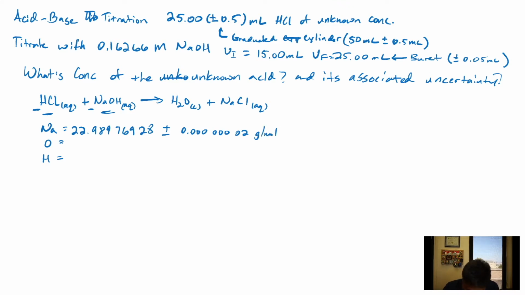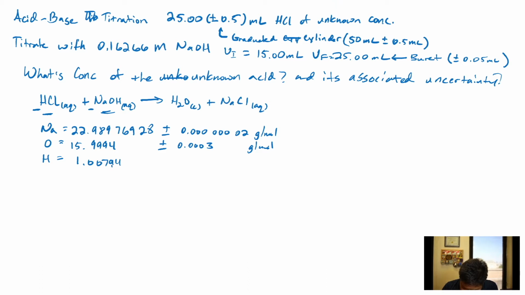Then oxygen, when you look it up in the chart or the periodic table in our textbook, is 15.9994, and its uncertainty from our textbook's periodic table or the chart that I provided you is 0.0003 grams per mole.